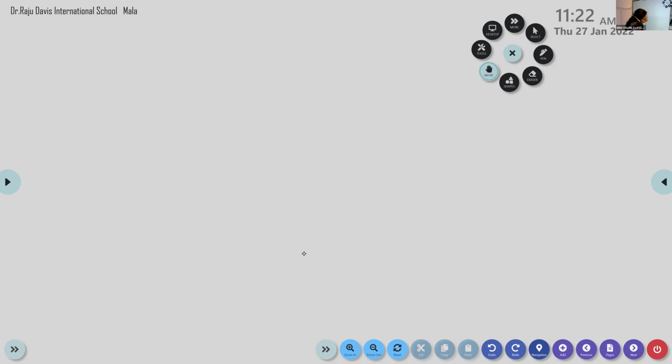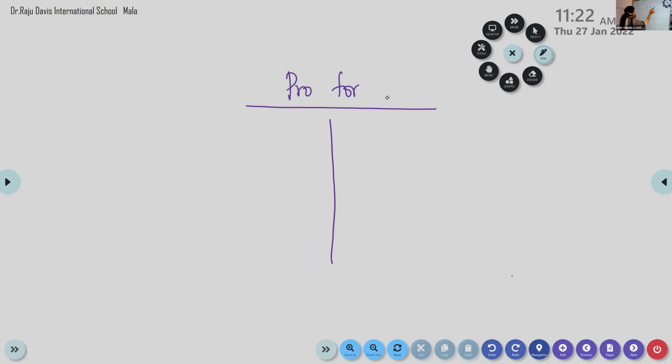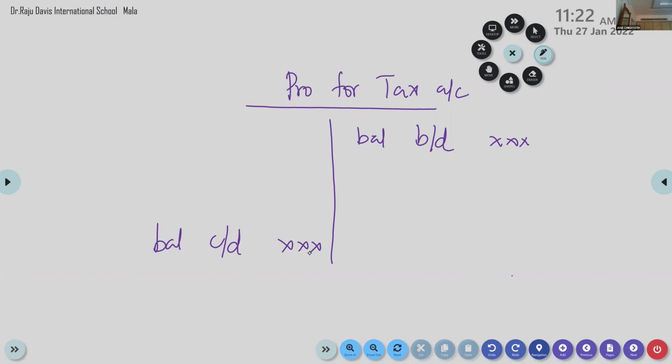Then closing balance C/D you will show on the debit side. Balance brought down comes here, and balance carried down will be shown on the debit side.